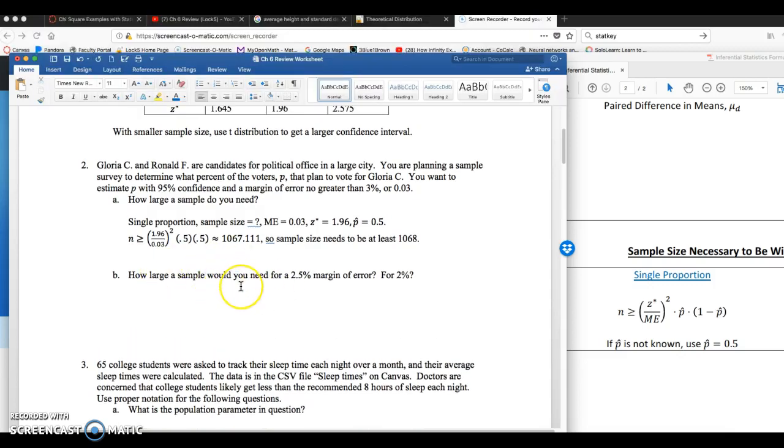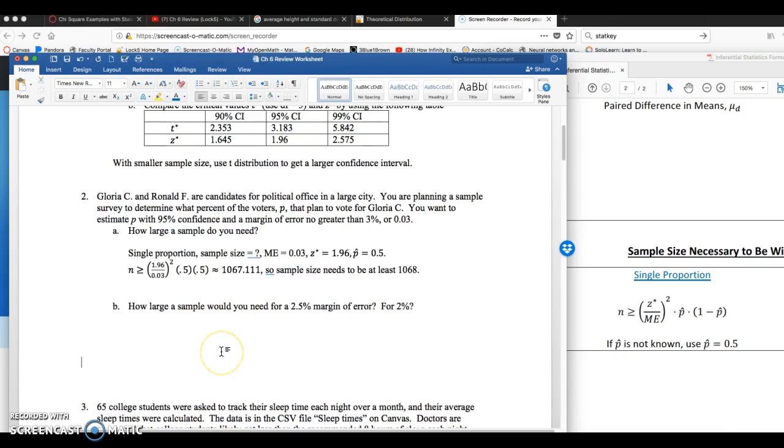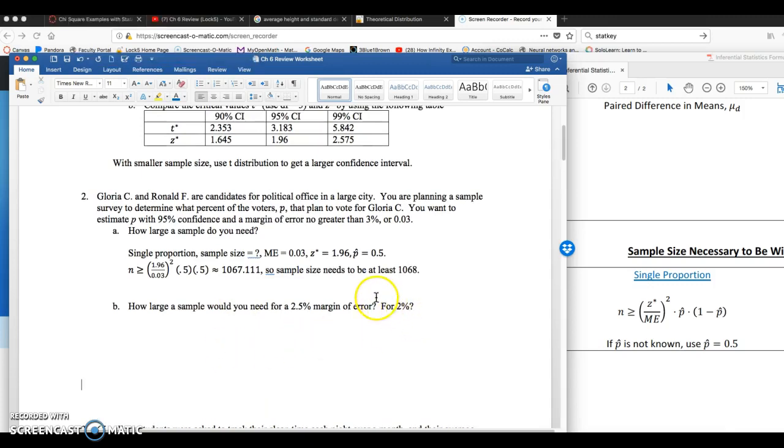Okay, so how large a sample would you need for a 2.5% margin of error or 2%? Notice if I go in this formula up here, almost everything is the same. The only difference would be for the 2.5%, I'm going to change that margin of error to 0.025 and then throw that in my calculator.